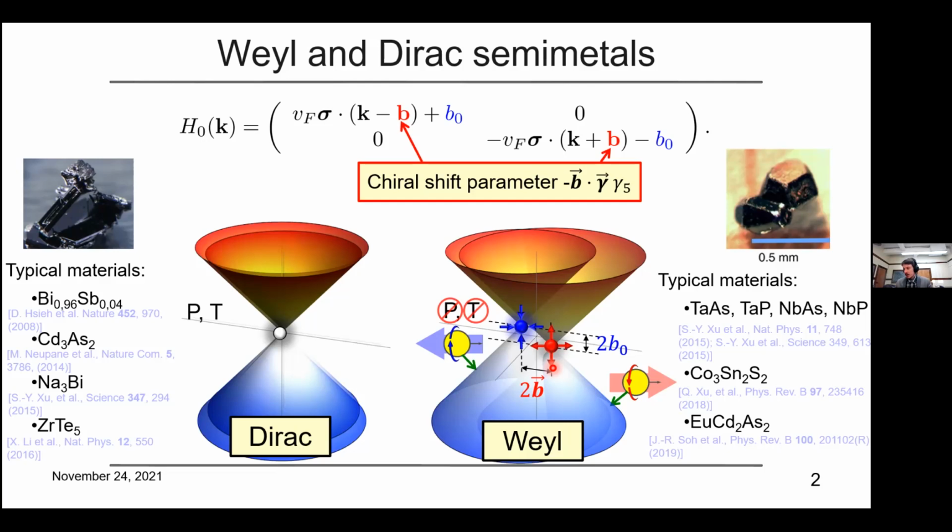On the material side, Weyl semimetals have been discovered, for example, in transition metal monopnictides and magnetic compounds. For example, the compound europium cadmium two arsenic two is believed to be one of the most ideal versions of Weyl semimetals, with just two Weyl nodes.